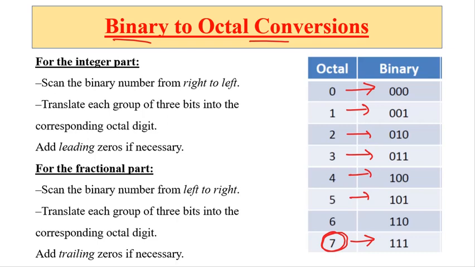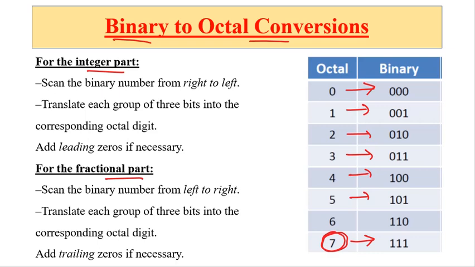To convert a binary number into octal, both the integer part and the fractional part of the binary number are to be converted into octal.